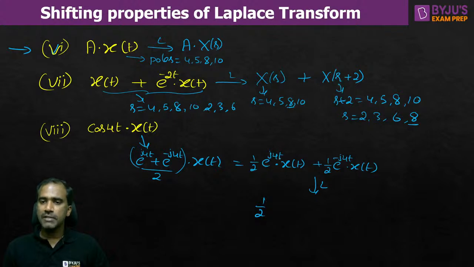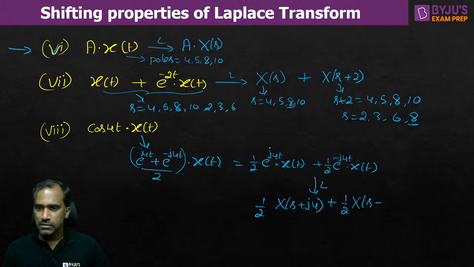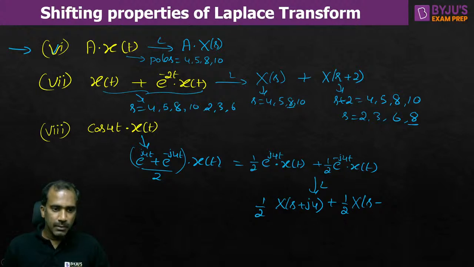If it is multiplied with e power j4t, the Laplace transform becomes x of s plus j4. Next, plus half into x of t, whose Laplace transform is x of s. When it is multiplied with e power minus j4t, it becomes x of s minus. Small mistake here. In the s shifting property, the sign will be opposite.